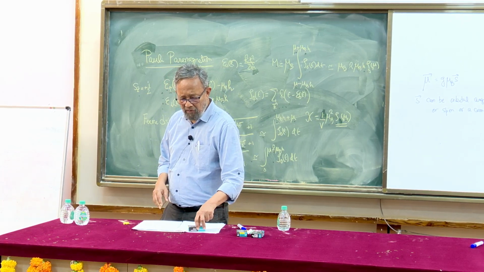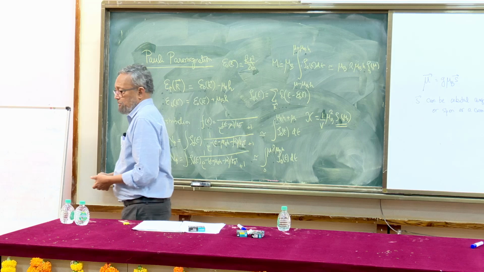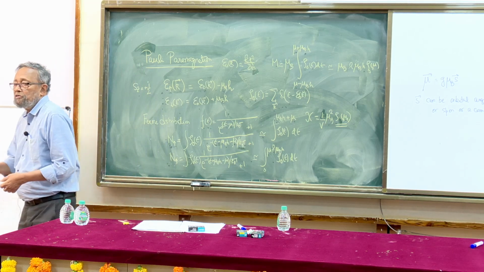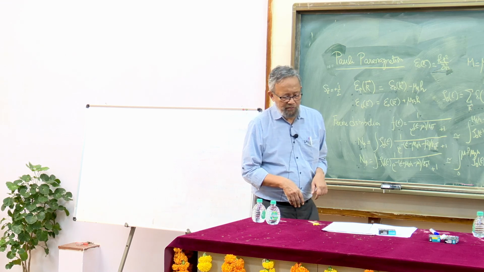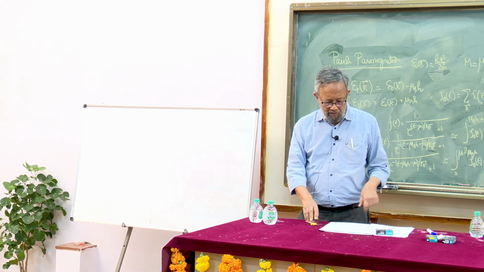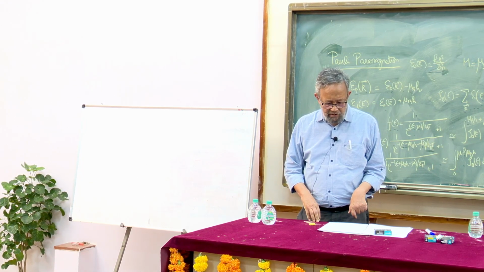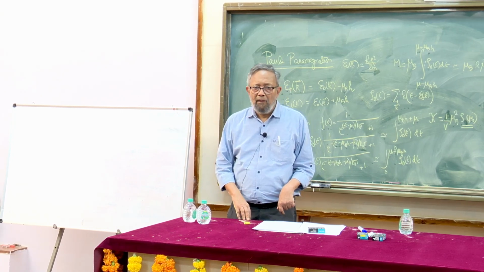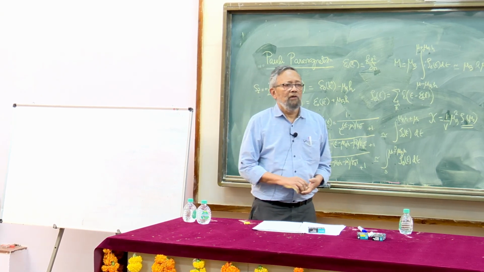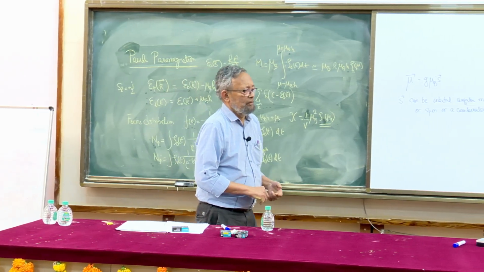And not just metallic; you can also have a small number of carriers. If you have a semiconductor, you'll also have free conduction electrons, a small number of them. So this kind of magnetic measurement gives a lot of information about those objects. This is more or less all I had to say about paramagnetism.